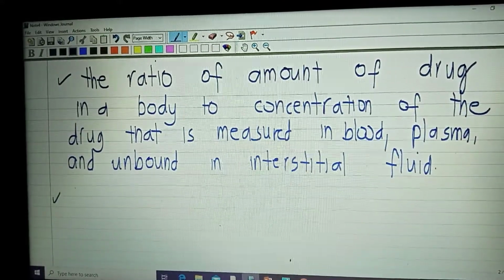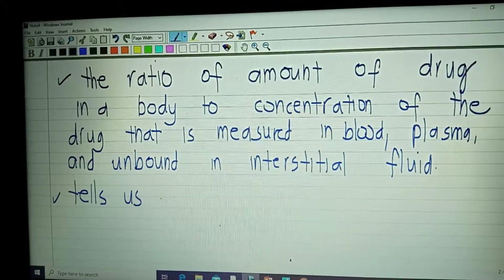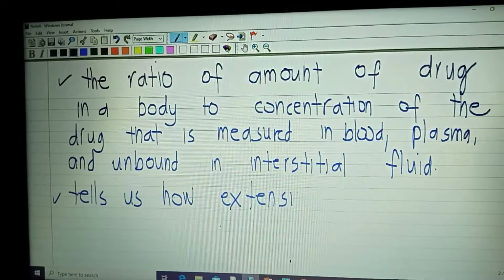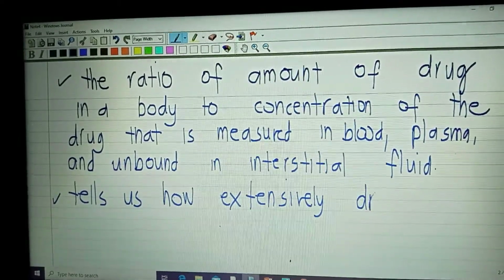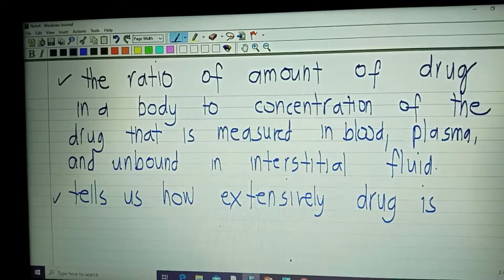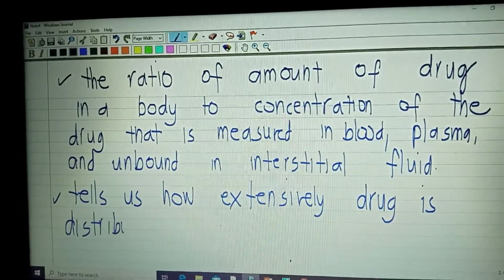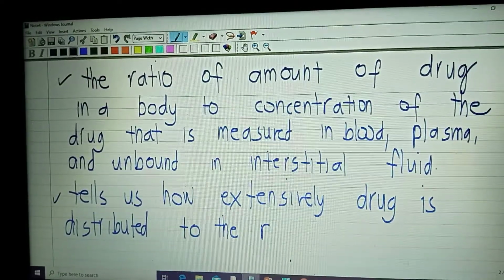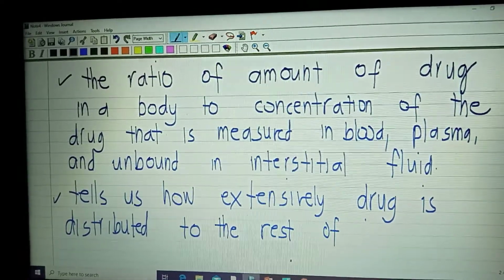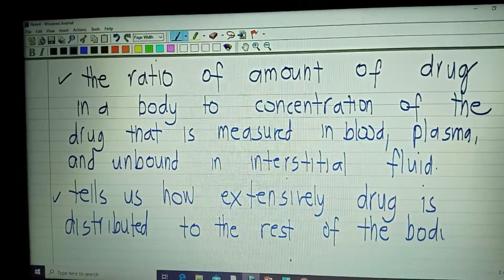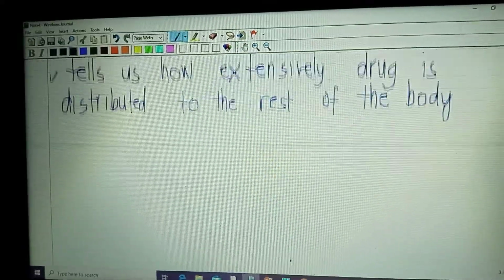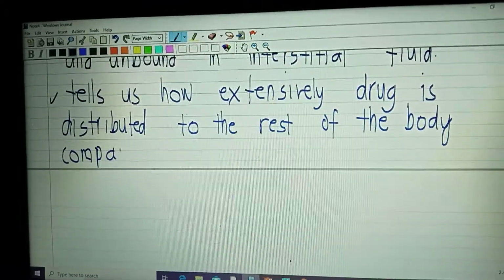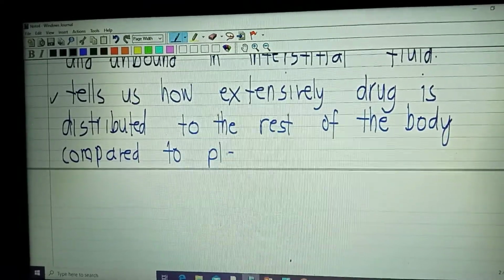It tells us how extensively the drug is distributed to the rest of the body, compared to plasma.